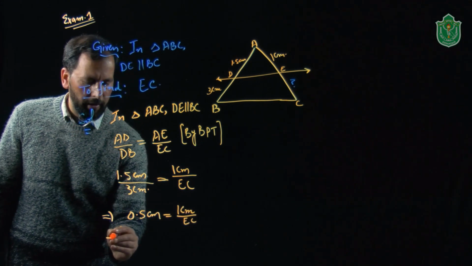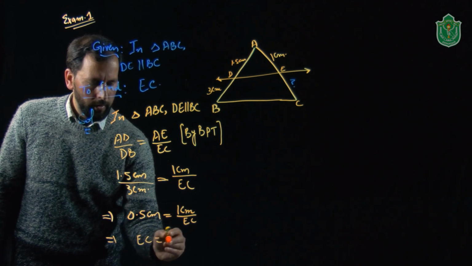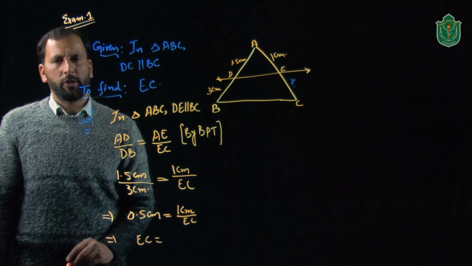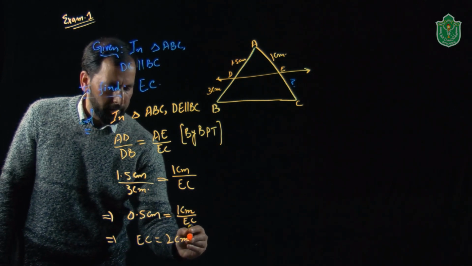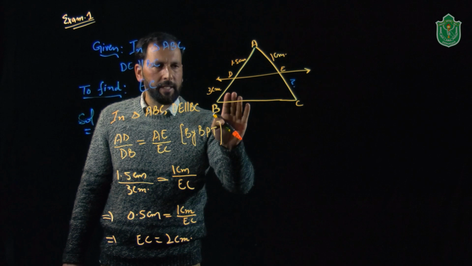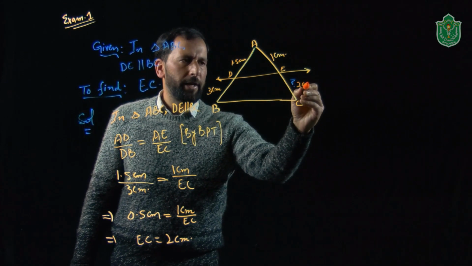Then simply we can write here EC is equivalent to 1 divided by 0.5, or you can simply write it equals 2 centimeter. So the length of this segment EC is 2 centimeter.